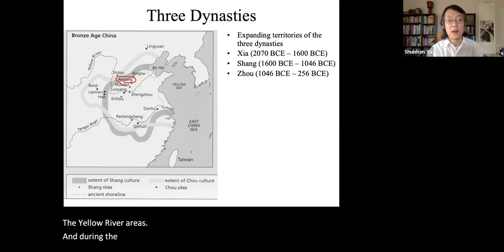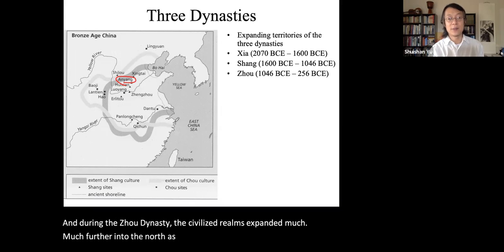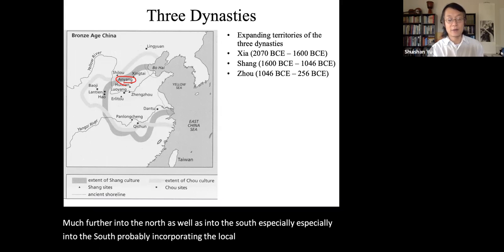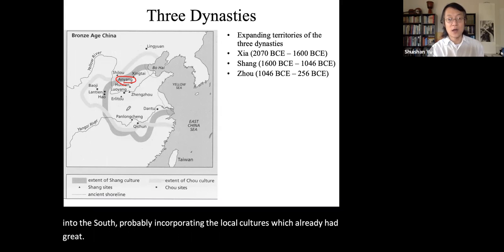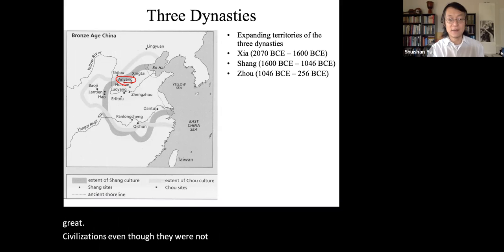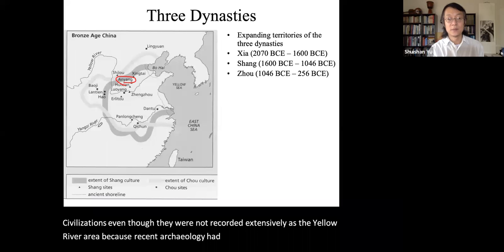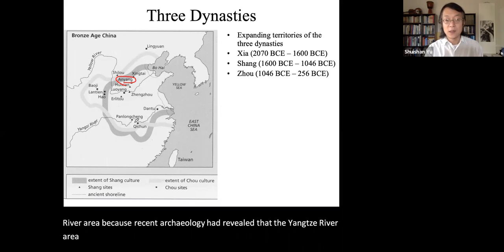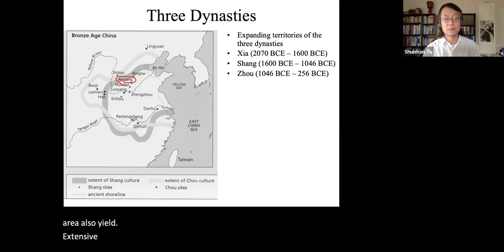During the Zhou dynasty, the so-called civilized realm expanded much further into the north as well as into the south, especially into the south, probably incorporating the local cultures, which already had great civilizations, even though they were not recorded as extensively as the Yellow River area, because recent archaeology had revealed that the Yangtze River area also yielded extensive urban heritage.